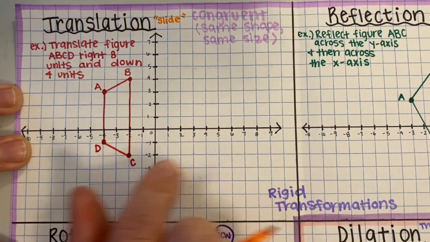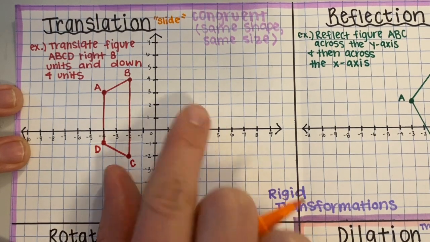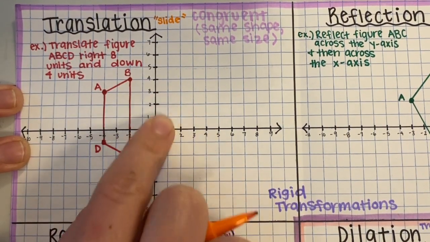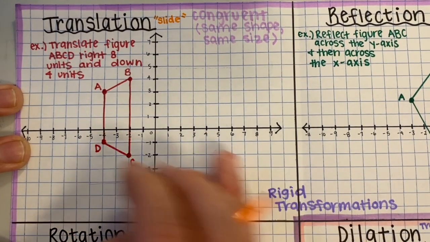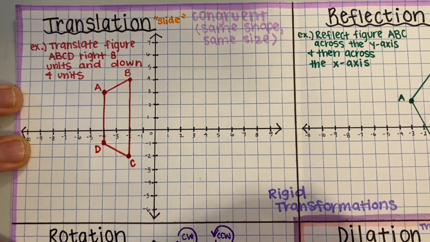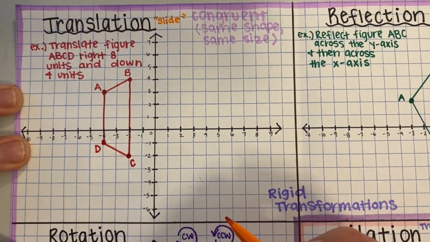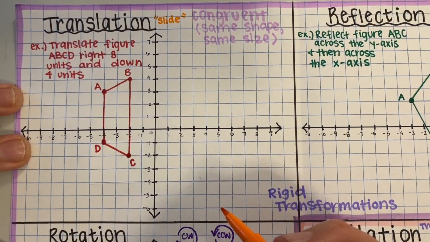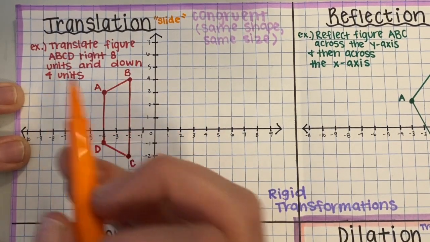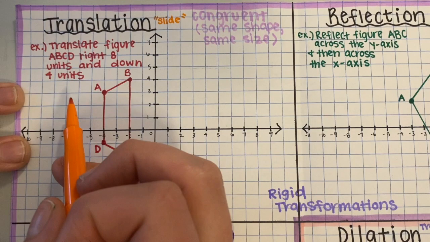So when we're asked to translate something, you are simply sliding each point that amount in that direction on the plane. So for a translation, we're going to just do 1 point at a time, and we're going to move it however many units they say in whatever direction they say.